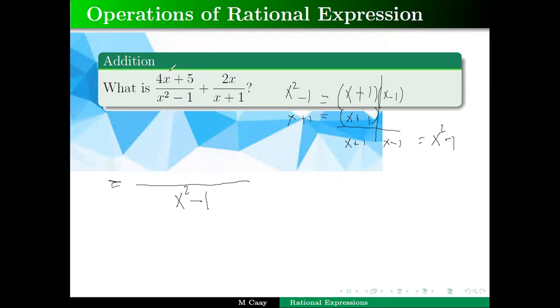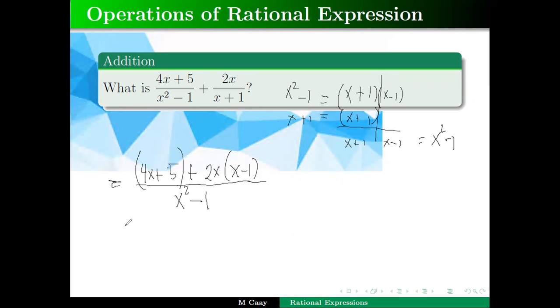So 1 multiplied by the corresponding numerator, you'll get, of course, 4x plus 5. However, if you divide x squared minus 1 by x plus 1, you're pretty sure that what is left is x minus 1. So therefore, you multiply that by the corresponding 2x, so you have 2x times x minus 1.